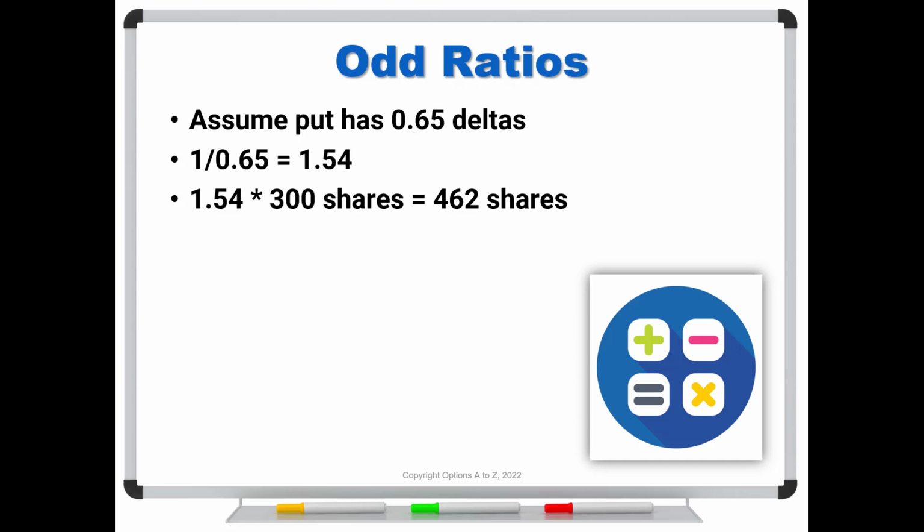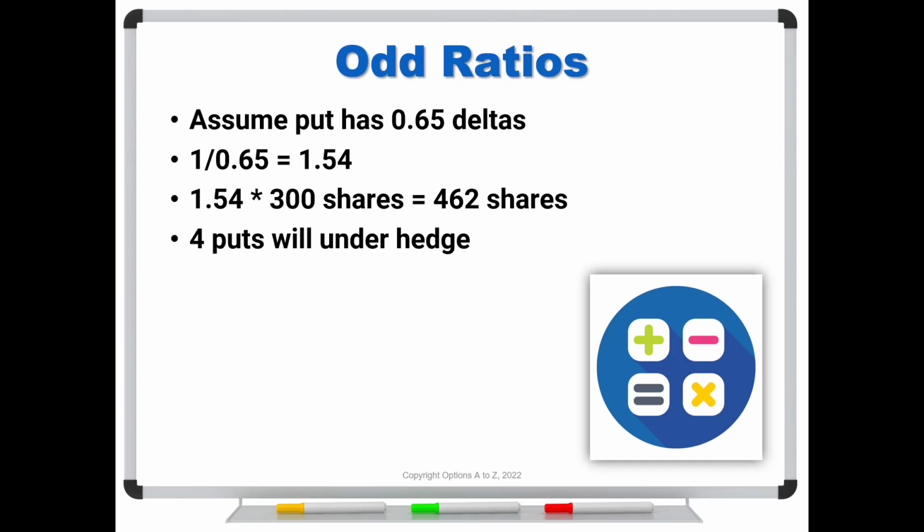And this poses a problem because option contracts come in 100-share lots. I can control 300, 400, 500, but I can't control 462. I would need to buy 4.62 option contracts, and I just simply can't do it. So I could either buy 4 or I could buy 5.